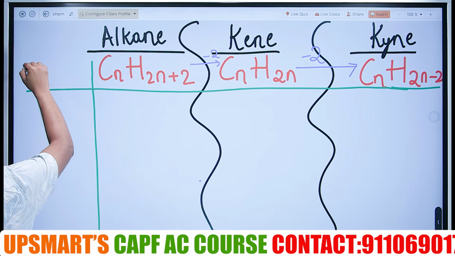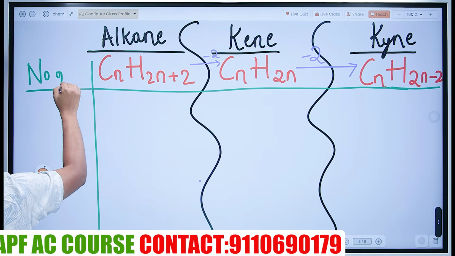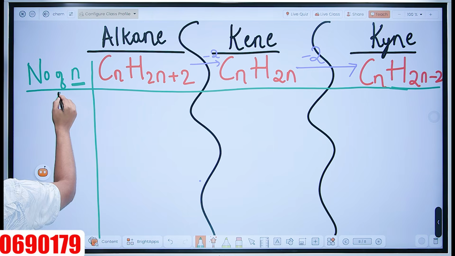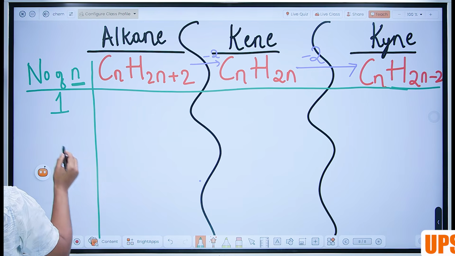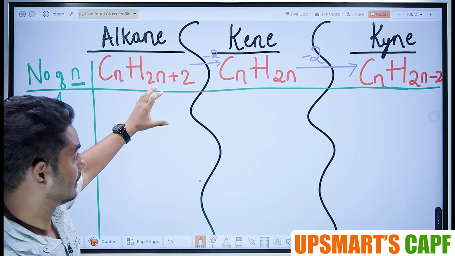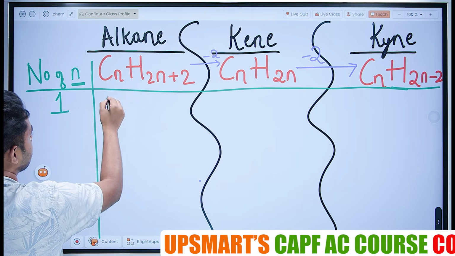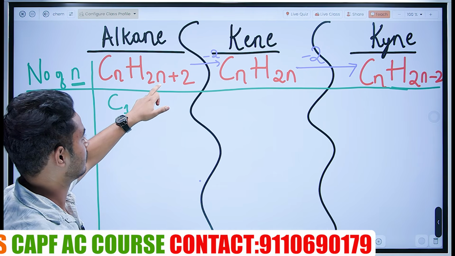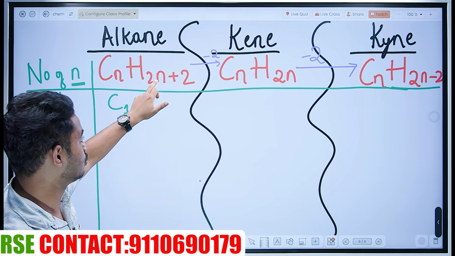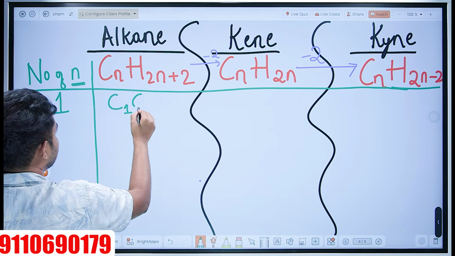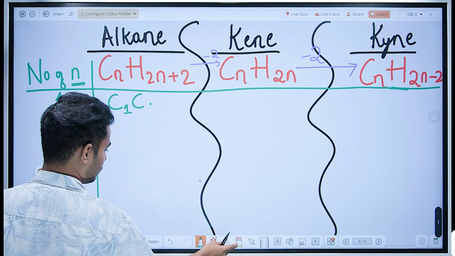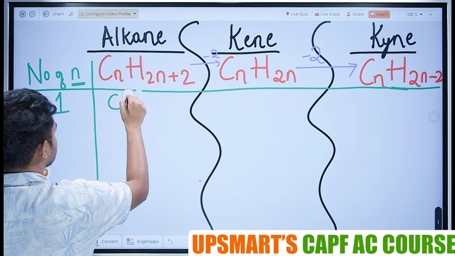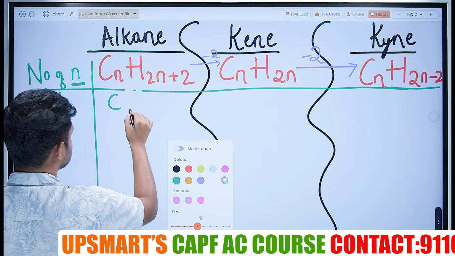The value of n. If the value of n is 1, then C into 1, C1, H2n, 2 into 1 is 2, plus 2, 4, C1H4, that is nothing but CH4, right?